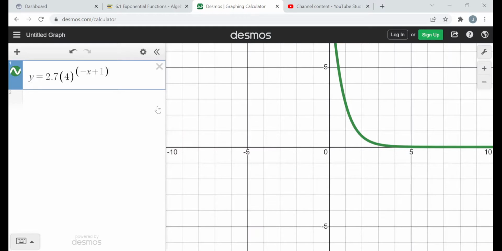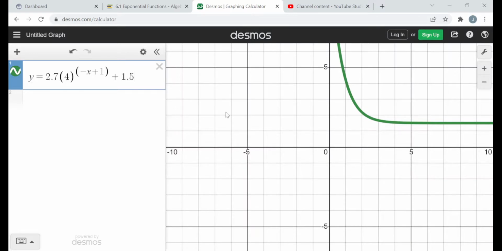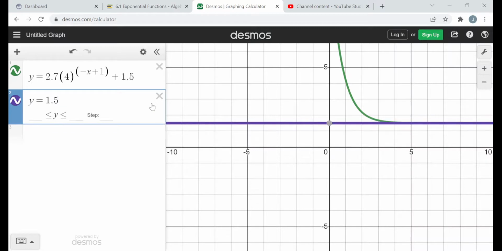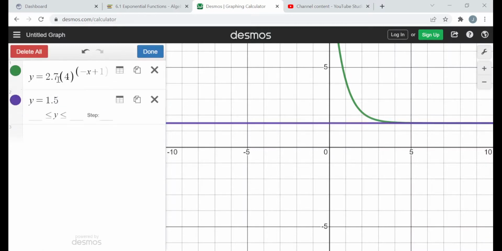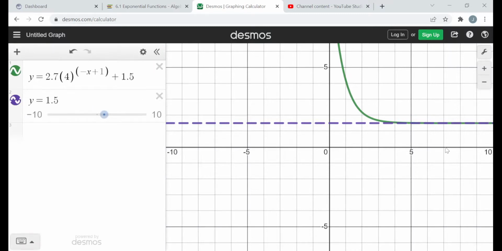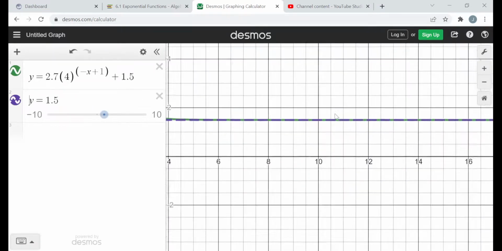But then throw on that plus 1.5, and you see all it did was move the graph up 1.5 units. So instead of the horizontal asymptote being the x-axis, now the horizontal asymptote is the line y equals 1.5. I'll make that a dashed line. As you move to the right, the graph is going to approach it.